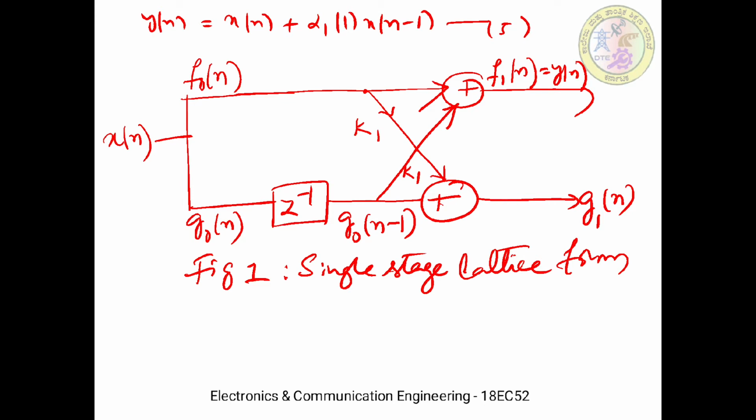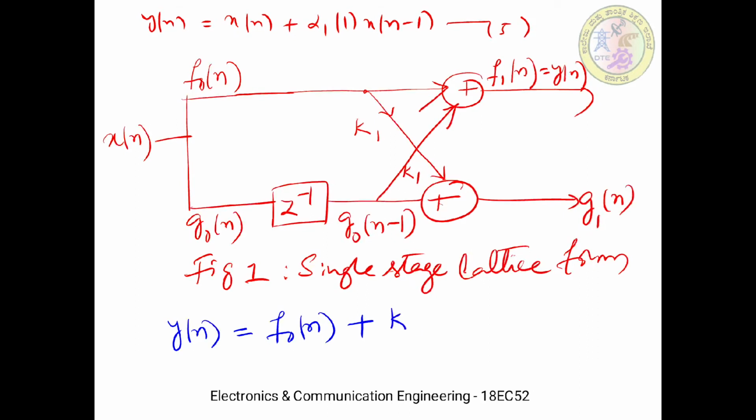What we have written here is y of n is equal to x of n plus alpha 1 of 1 into x of n minus 1. But according to the single stage lattice form, we can rewrite the output as y of n is equal to f naught of n plus k1 times g naught of n minus 1.